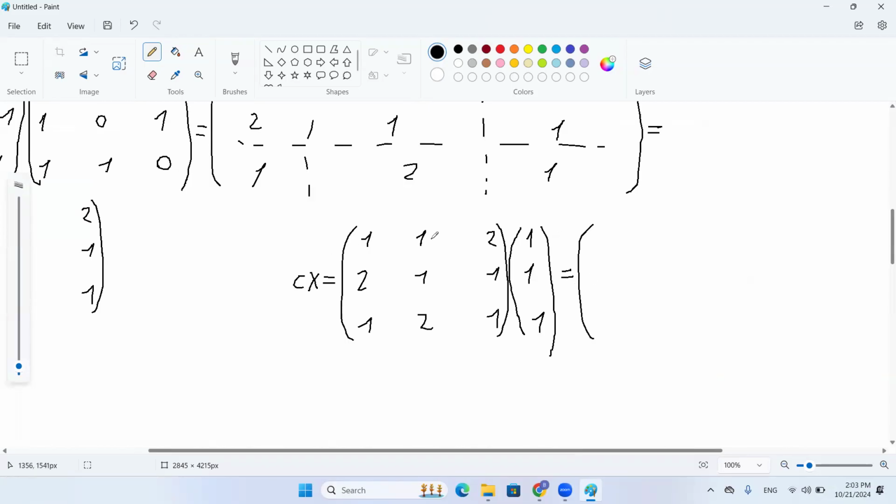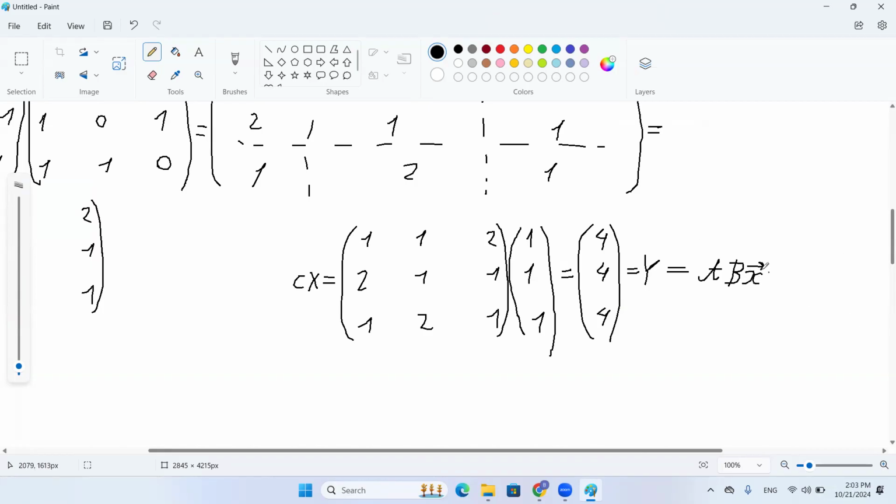So 1 plus 1 plus 2, 4. And then 2 plus 1 plus 1, 4. 1 plus 2 plus 1, 4 as well. So here is a y that basically equals A by B by x.